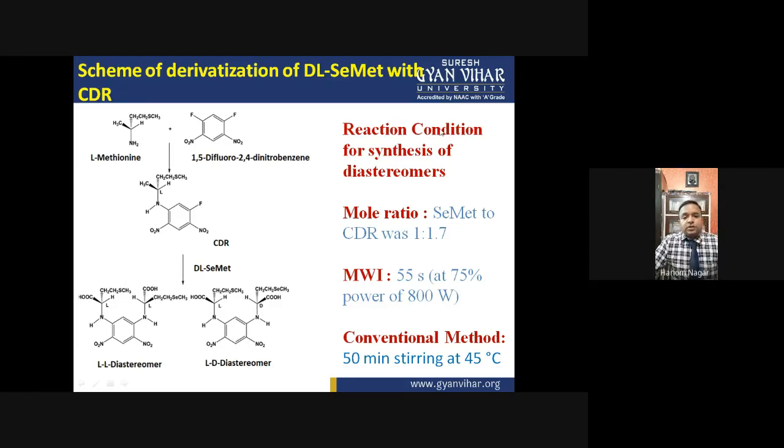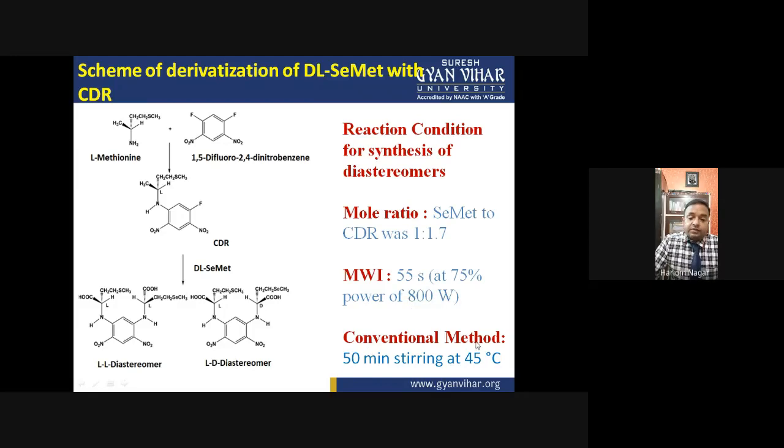The reaction condition for synthesis of the diastereomers is a mole ratio of selenomethionine to CDR of 1:1.7. Under microwave irradiation, this reaction was carried out for 55 seconds at 75% power of 800 watts.